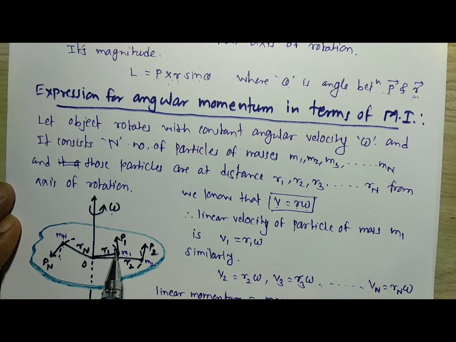That means radius R1 and P1, R2 and P2, Rn and Pn, and you will get theta is equal to 90 degrees.